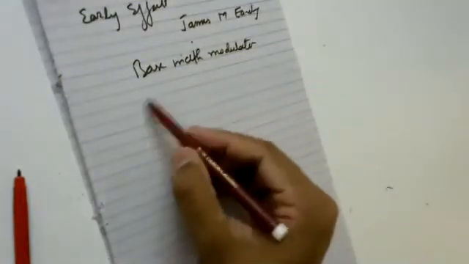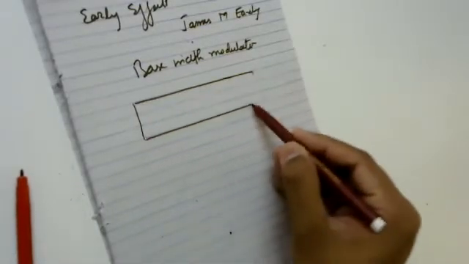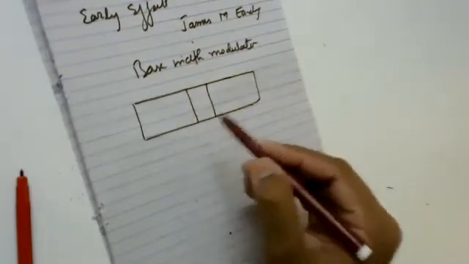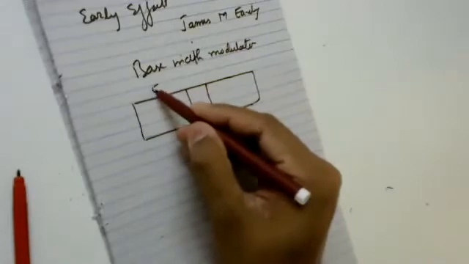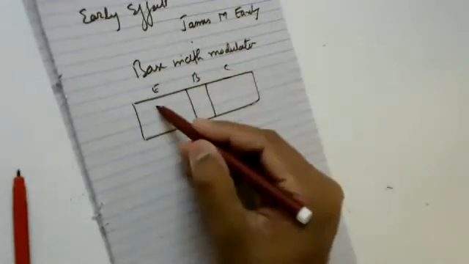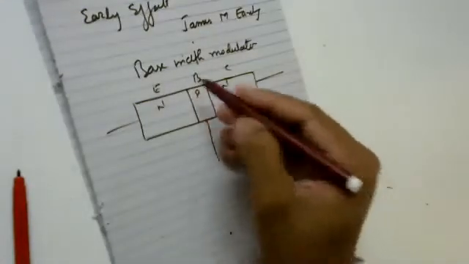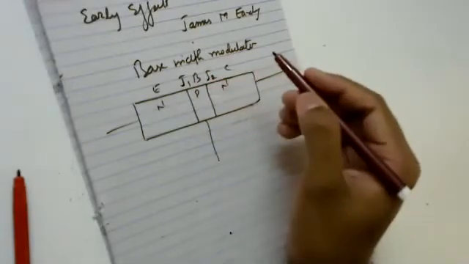Now let me draw the base width diagram of our NPN transistor. This is the collector, the base, and this is the emitter. So this is emitter, base, collector, N, P, N. Now I'm having this junction J1 and this junction J2.